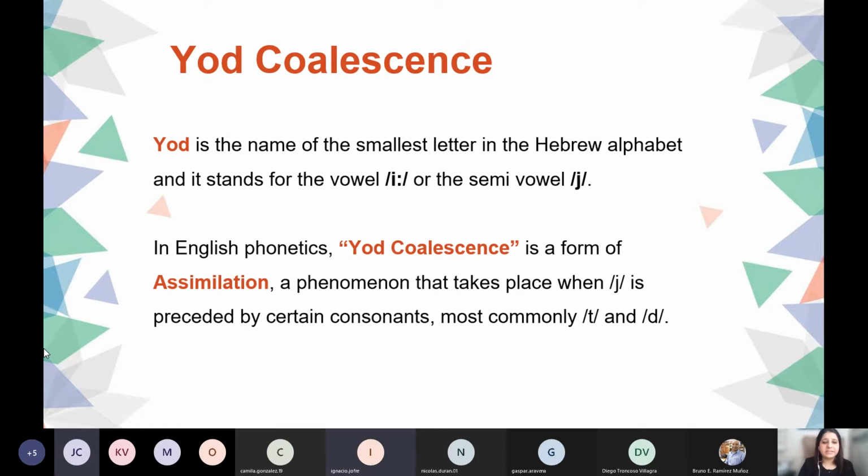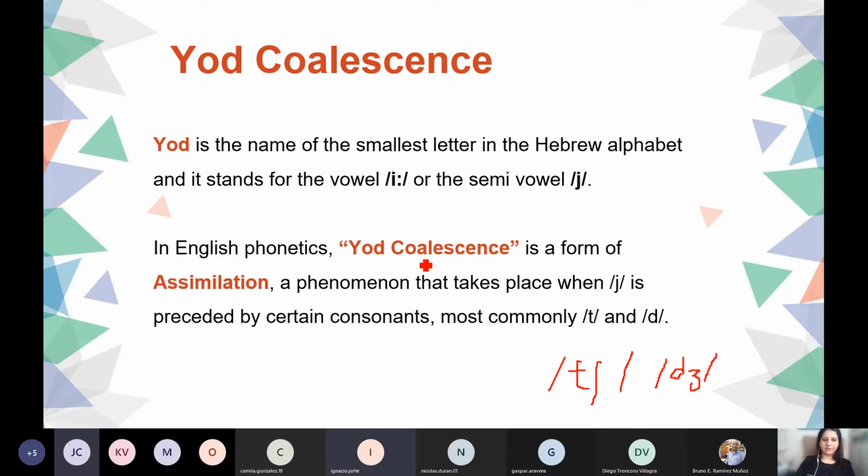It's a phenomenon that takes place when we have a J, and before the J we have most commonly T and D. Those two alveolar sounds are going to fuse with a J, and they are going to meet at a point in between them, which in this case is going to be the palatal-alveolar.